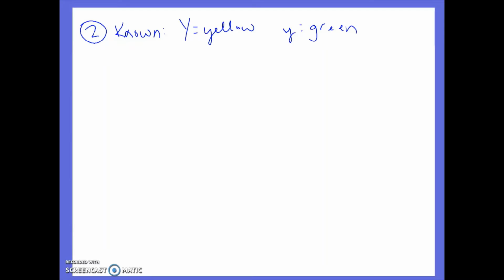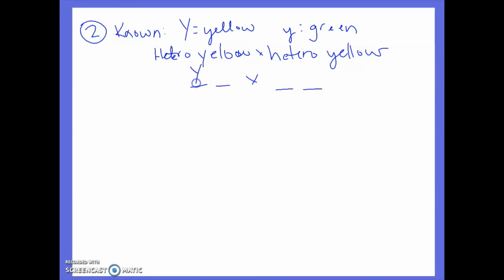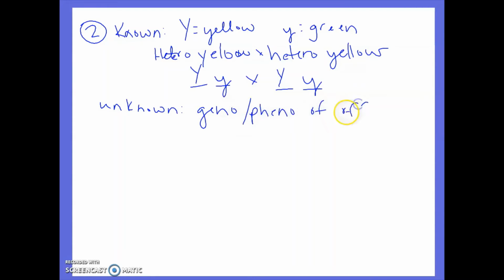For number 2, we're crossing heterozygous yellow, which is a bit redundant because we know that heterozygous has to be yellow, with another heterozygous yellow. Because they're heterozygous, the parents have 1 of each allele, a dominant and a recessive allele, and our unknowns are the ratios, so the genotypes and the phenotypes of the offspring.